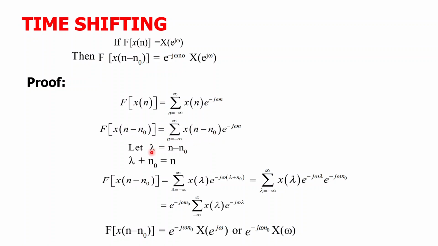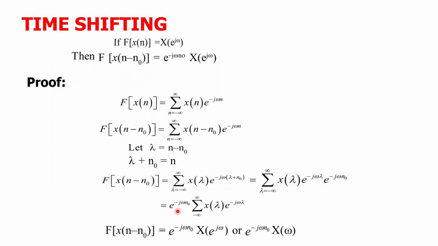Let a new variable lambda be n minus n naught, so that n will become lambda plus n naught, and substitute here: in place of n minus n naught, lambda, and in place of n, lambda plus n naught. So we can split e power as e power minus j omega lambda into e power minus j omega n naught.